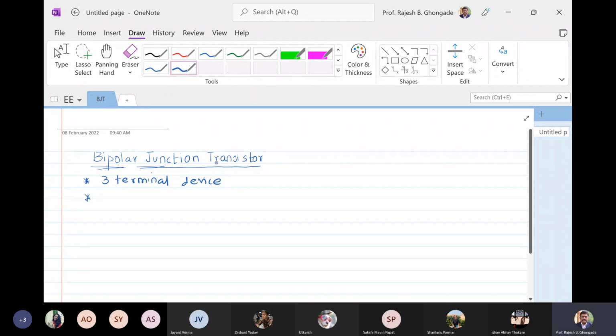And this word, transistor, has been coined by a combination of two words: transfer of resistor. Now this may sound a little bit confusing, but we'll see how it really correlates to our device.